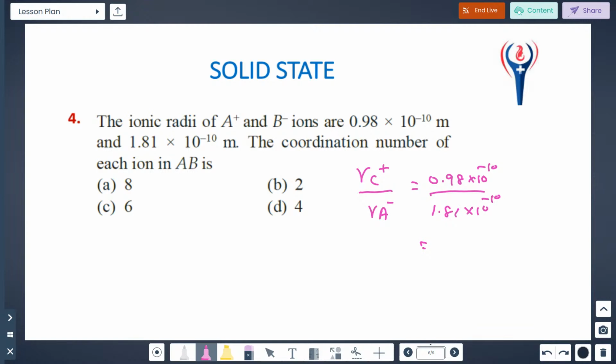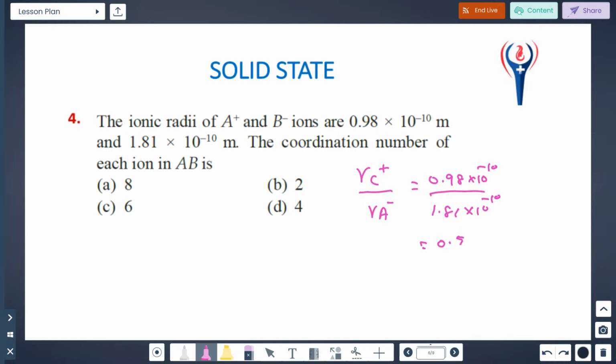So it will cancel, no? So we will be getting 0.98 by 1.81. It will be approximately 0.5 something. So it will be nearly 0.5. Okay, right.